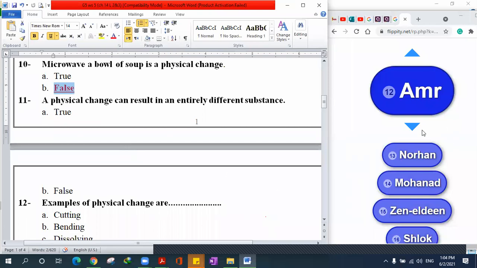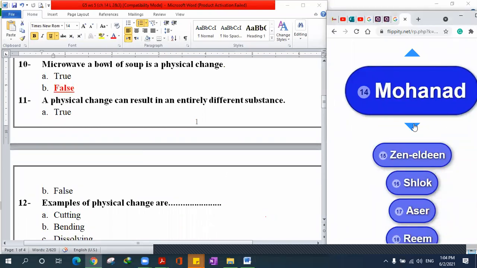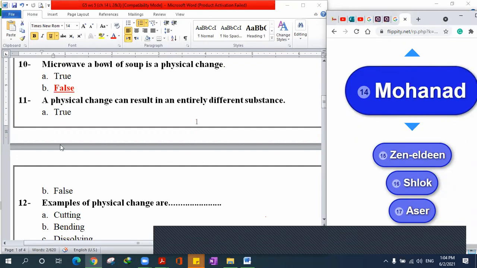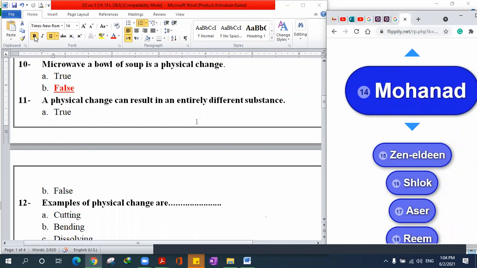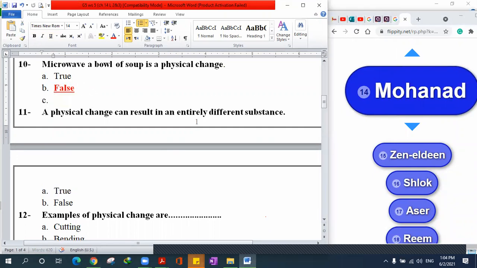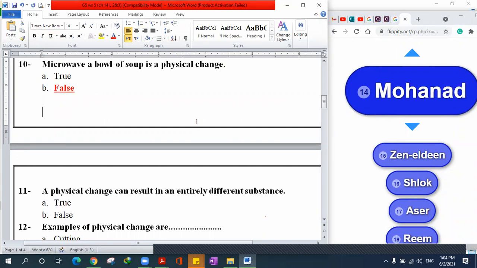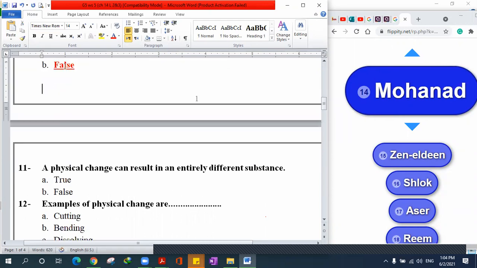Number 11, we have Muhannad. Muhannad, are you here? Okay, Muhannad, would you do number 11? Yes. A physical change can result in an entirely different substance.